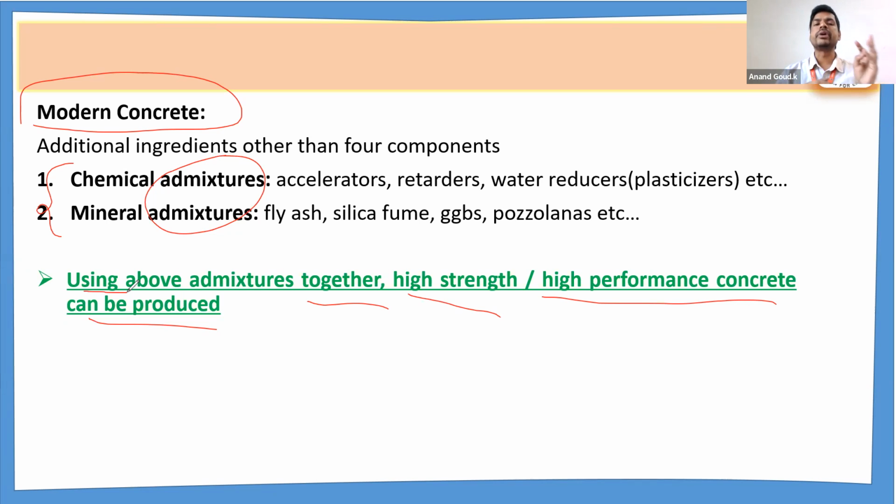Like strength will be more, workability will be more, permeability will be less, hardness will be more, and the resistance to environmental agents will be more, or resistance to acid attack will be more. Like that, that is called high performance concrete. So by adding these admixtures only we can produce it. Without adding these admixtures we cannot produce high strength concrete or high performance concrete. Okay, that you have to remember.